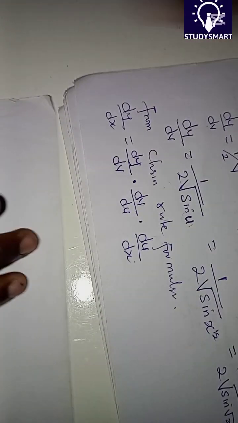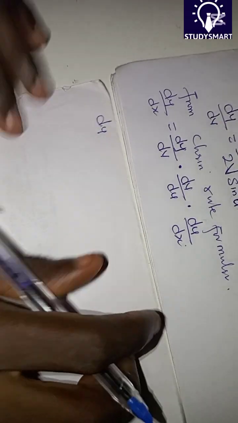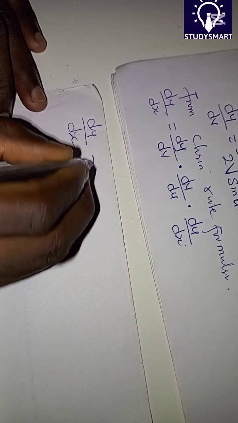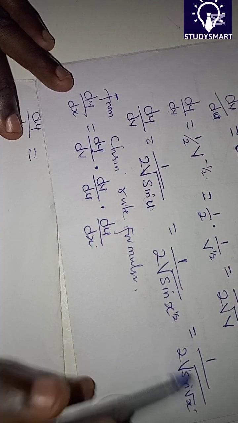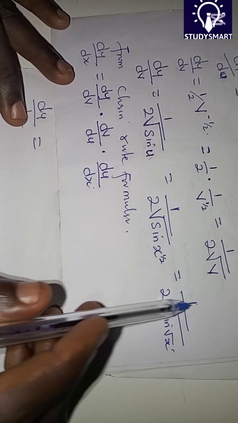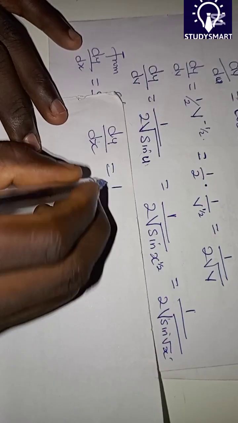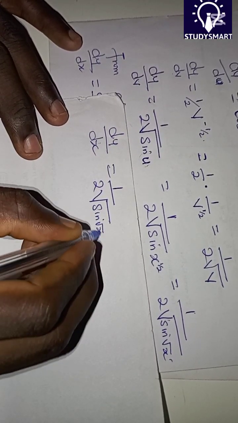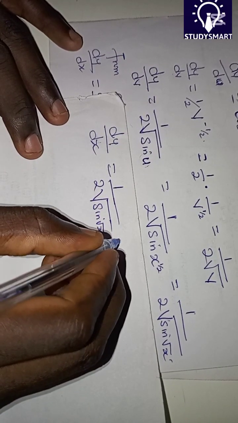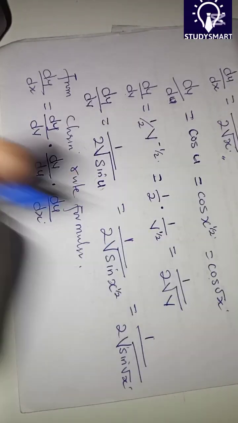Right, so my dy/dx will be equal to my dy/dv, which is 1 over 2 root sine root x here, then multiplied by dv/du.